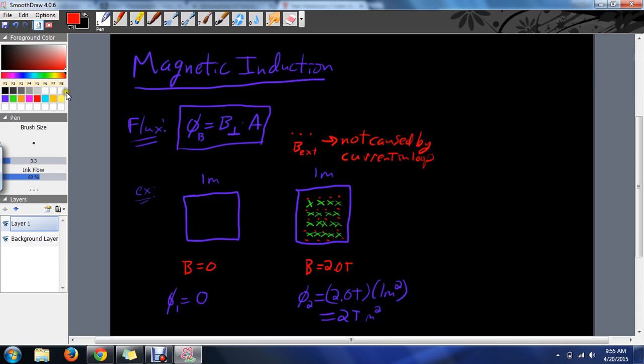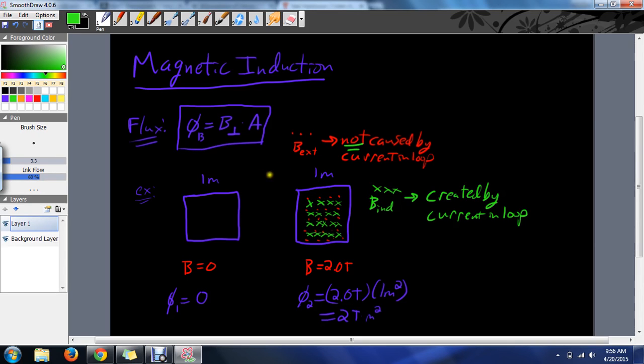What is caused by the current in the loop is the induced magnetic field, which is in green. This one is not.